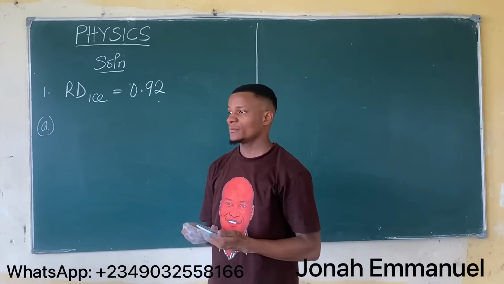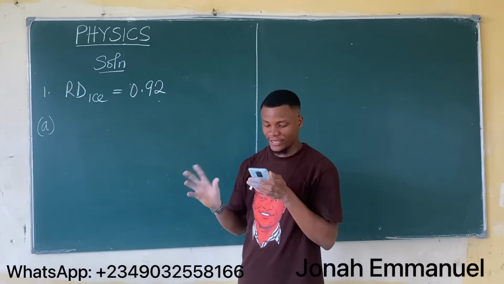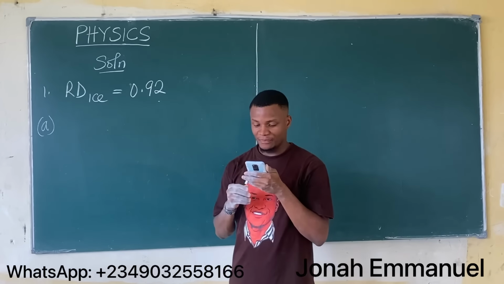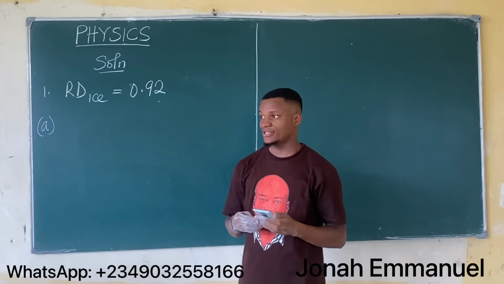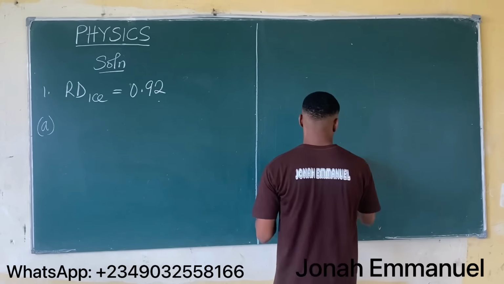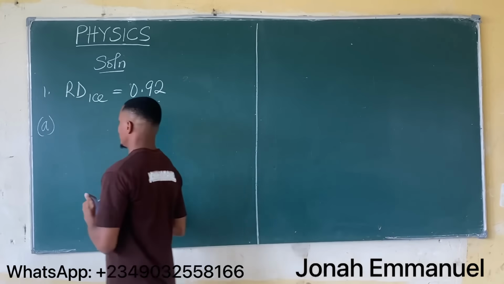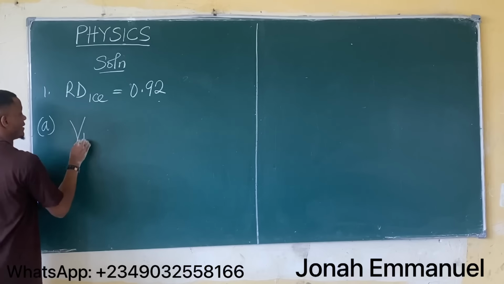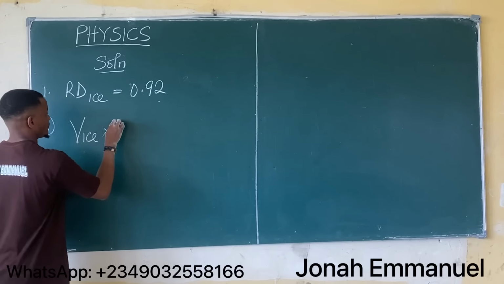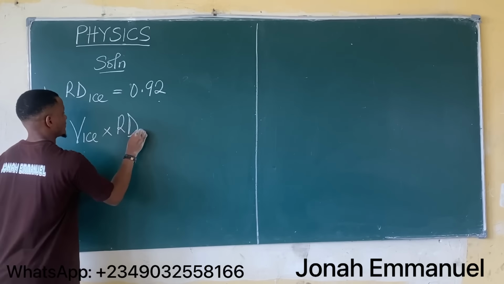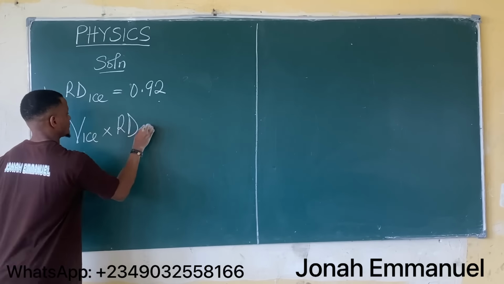For water, when it comes to finding the fraction of volume that will be submerged, the simple idea is this: take the volume of ice, multiplied by the relative density of ice, to be equal to the volume of water multiplied by the relative density of water.